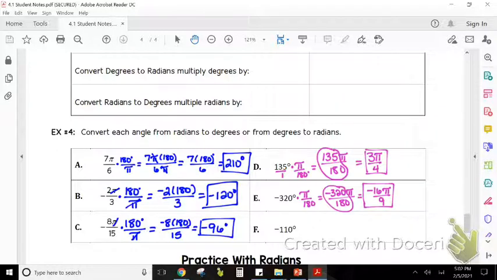And then our last one there, the negative 110 degrees, we're going to change it to radians, so multiply by pi over 180. The negative 110 pi over 180 reduces to negative 11 over 18. So we get negative 11 pi over 18.